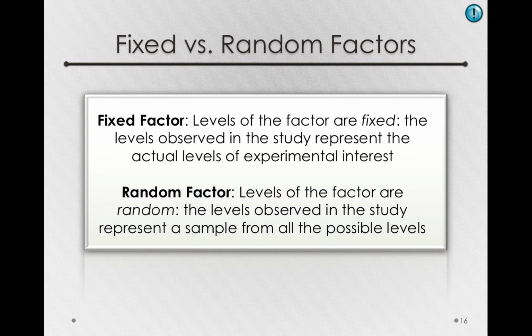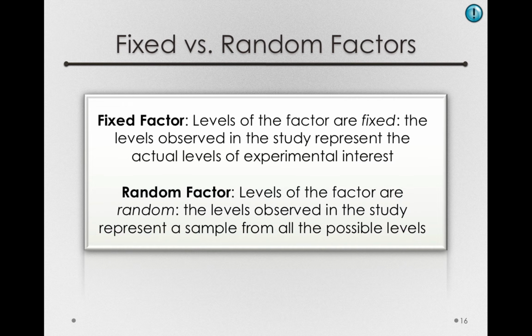Levels of a random factor are known as random. That is, the levels observed in the study represent a sample from all the possible levels. So a random factor would be our subject factor. The subjects we have in this particular study are not the actual observations or actual levels that we're interested in. They're simply a sample of all the different possible levels of subjects we could obtain.